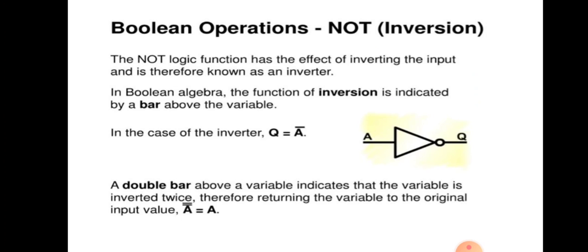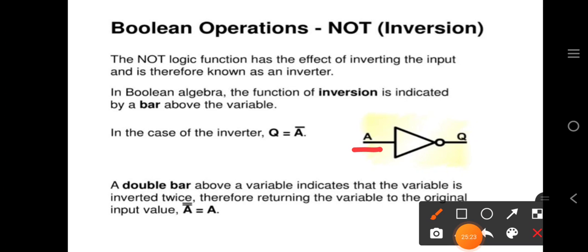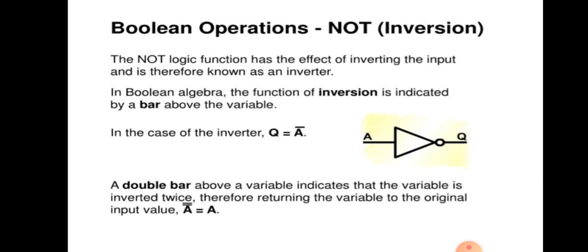So in the case of the inverter, Q is equal to A bar. So if you give the input as A, then the output will be A bar, meaning it is the inversion of the input. A double bar above a variable indicates that the variable is inverted twice, as I have explained to you previously.